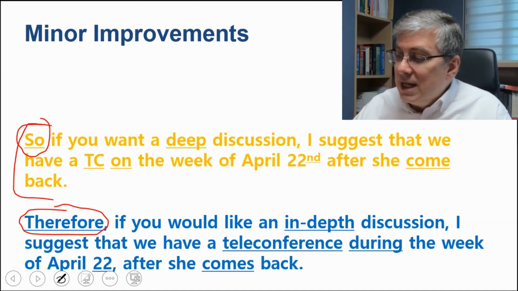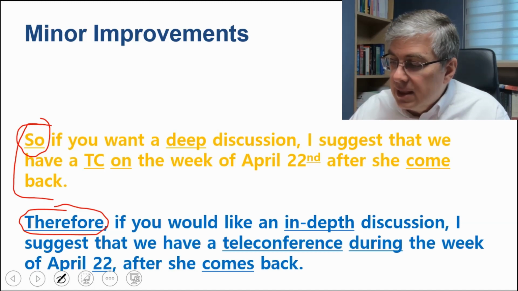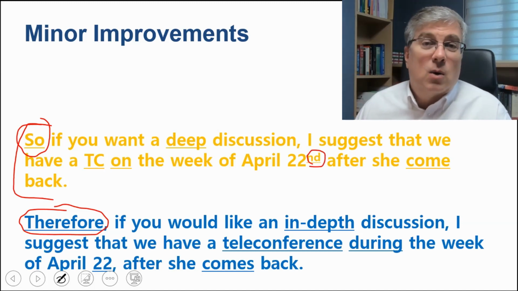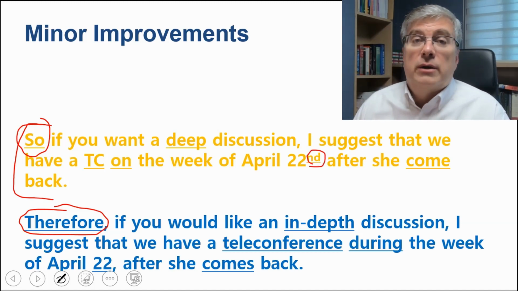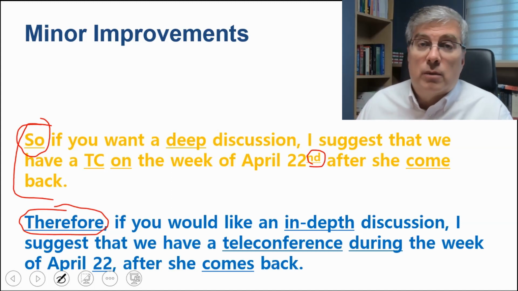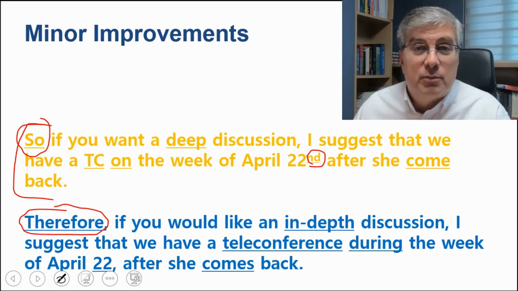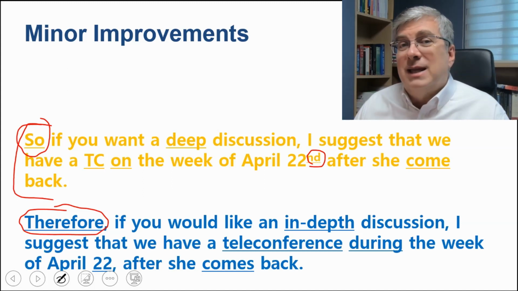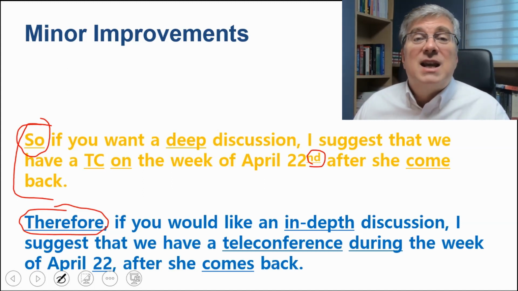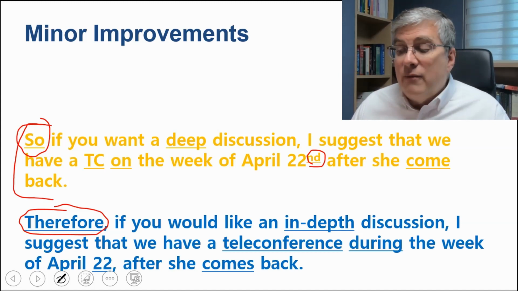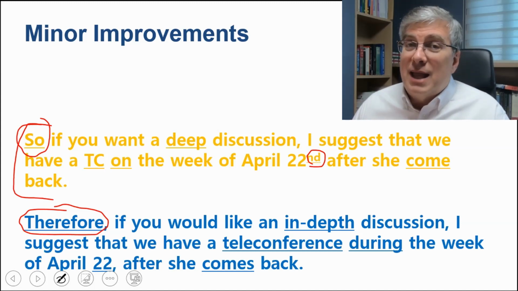And there's no need to use ND or ST or RD after ordinal numbers. Now you can, and some word processing programs automatically put it in there for you if you're writing dates. Some of them do, some of them don't. You don't have to. The trend is not to do it. However, when you do pronounce it, if you read it aloud, you should read it as an ordinal number.